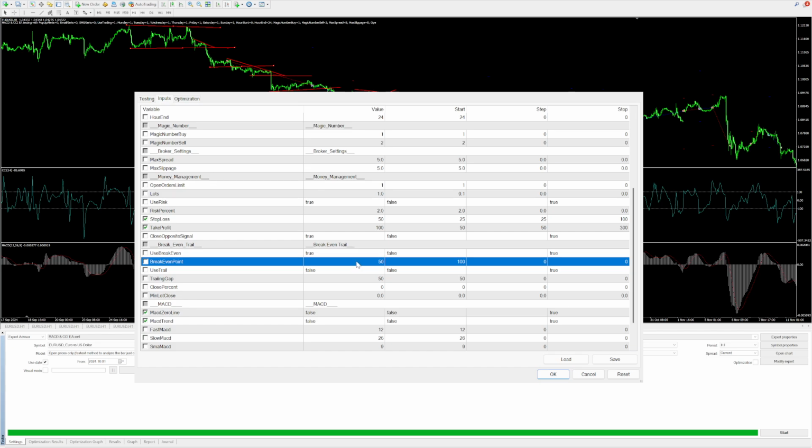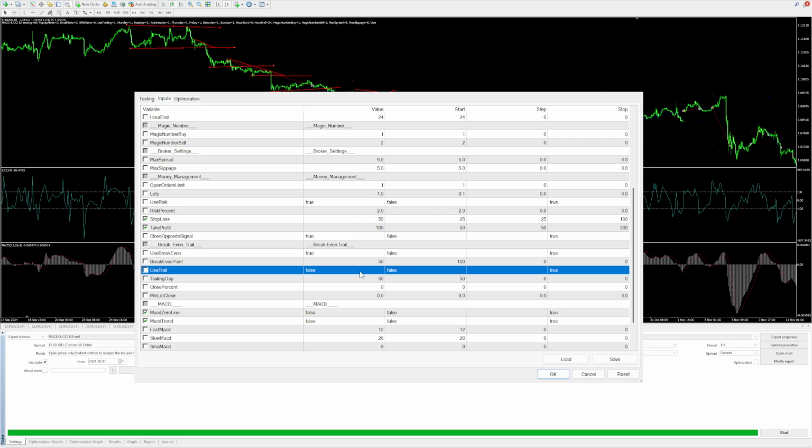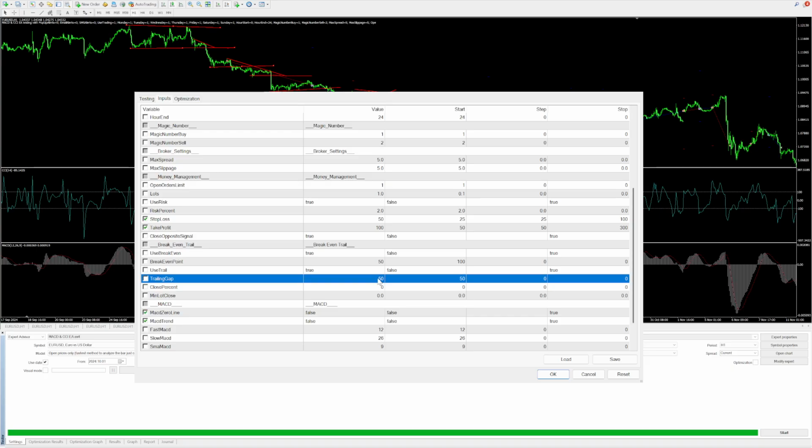Worst case scenario, if price turns around, you're taken out for break even minus broker costs, of course. Trailing stop, if you set that to true, this is how far the stop loss will trail the price, okay, as it moves in your favor.